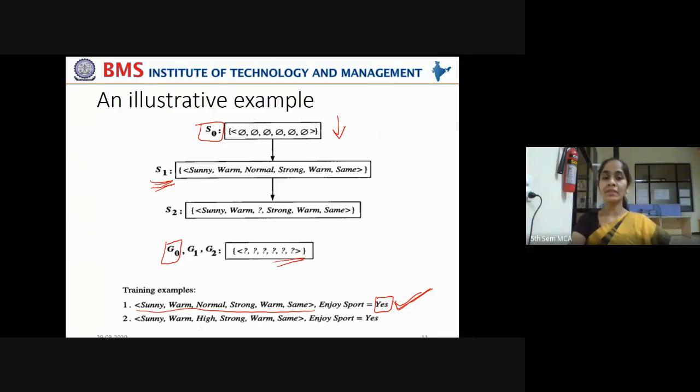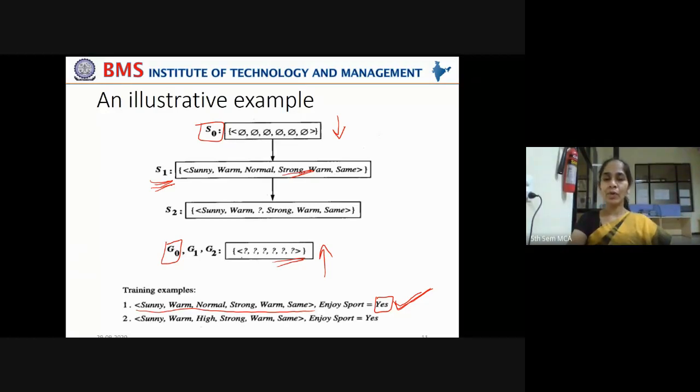Now what about the other side? From top towards down, you have taken the specific hypothesis which is consistent with the training example 1. What about the other side? G has to be modified. Tell me.